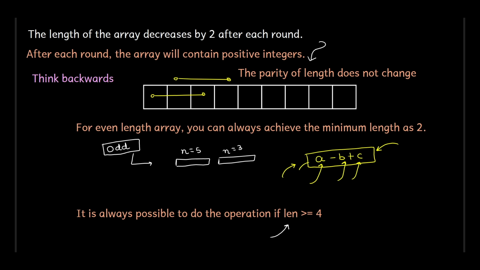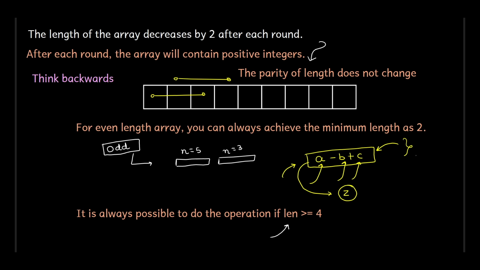If yes, you can compress it down to length 1 by doing this operation once and replacing these 3 integers with just A minus B plus C. But if the final sum that remains, which is A minus B plus C, is less than or equal to 0, then you cannot do this operation.